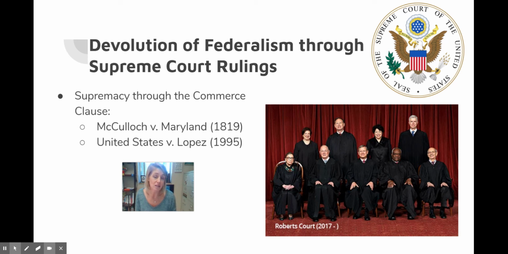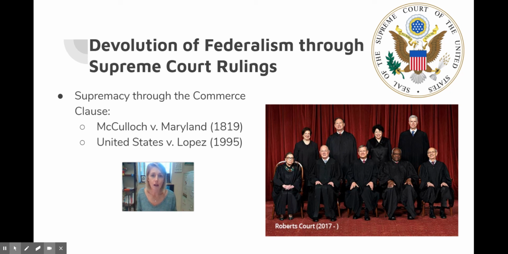Supreme Court was trying to decide if that Gun-Free School Zone Act was constitutional or not. Is that an overreach of Congress's power, or can they make this law because of their right to regulate commerce? And what the Supreme Court of the 1990s decided was bringing a gun to school has nothing to do with commerce, has nothing to do with interstate trade.